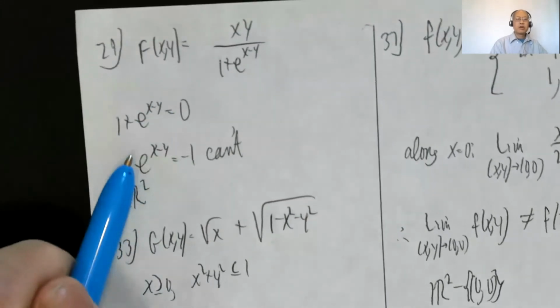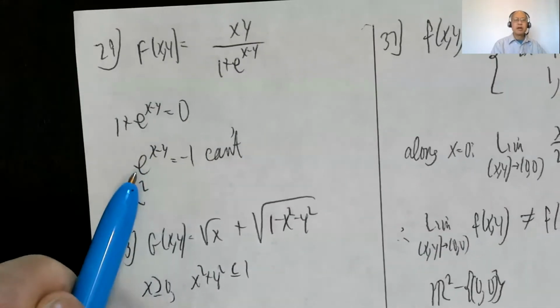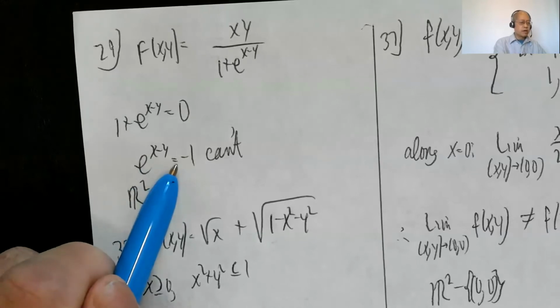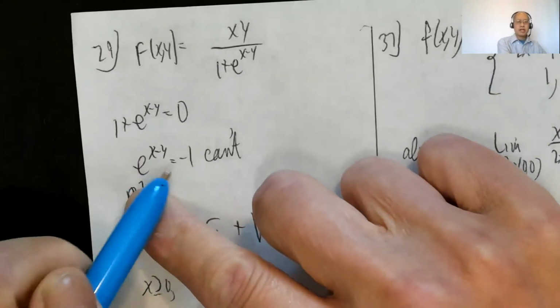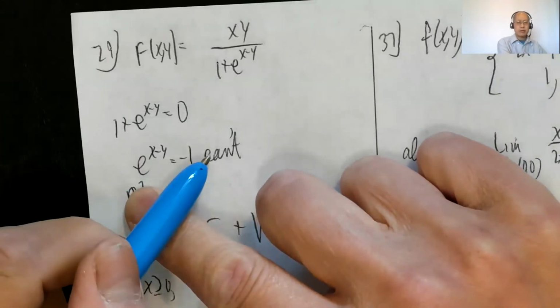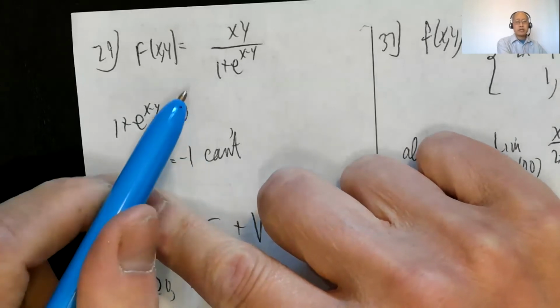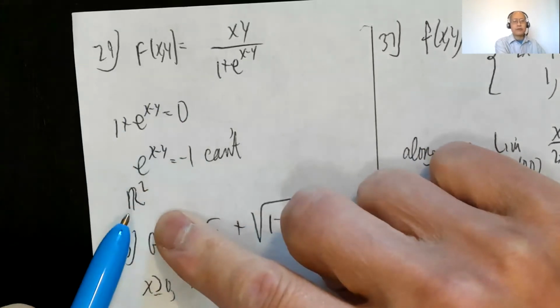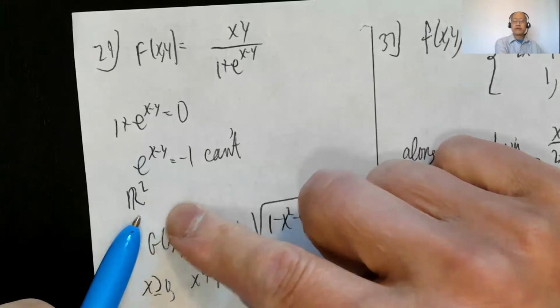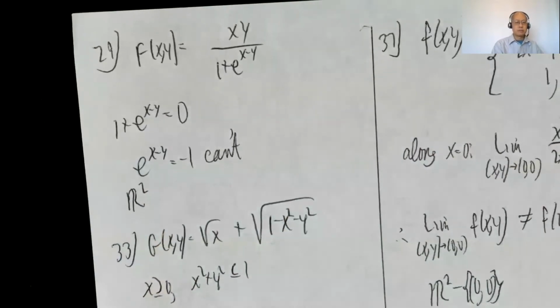So I set the denominator equal to 0, but then I realized that can't happen. So 1 plus e to the x minus y equals 0, e to the x minus y equals -1. You might recall the exponential function can never come out negative. That can't happen. So where's this function defined and therefore continuous? All of R2. R2 is another way of saying the xy plane in general.